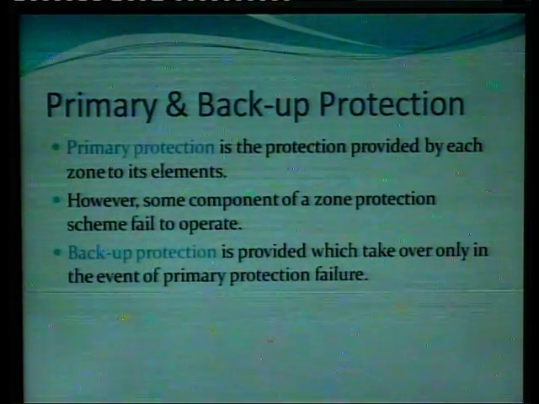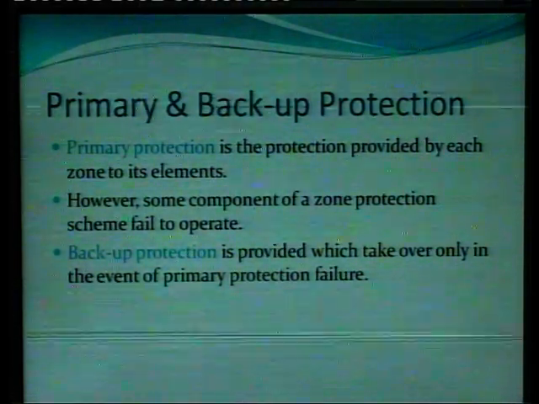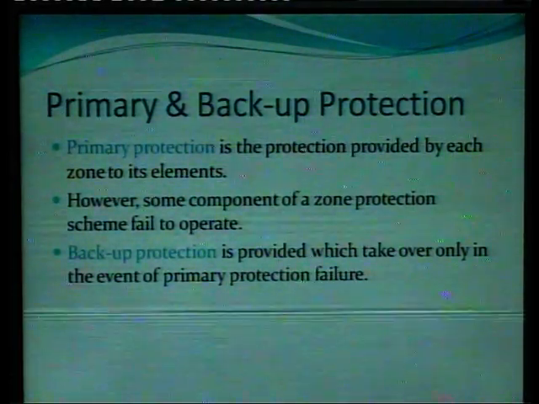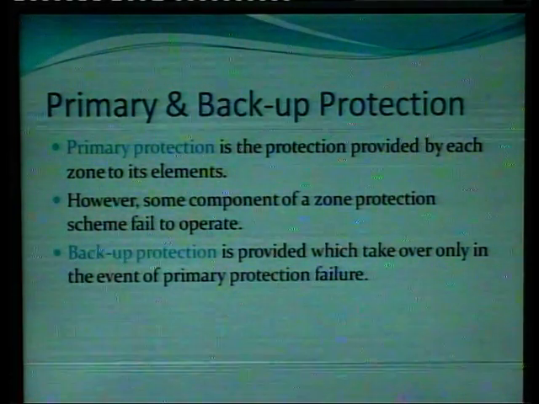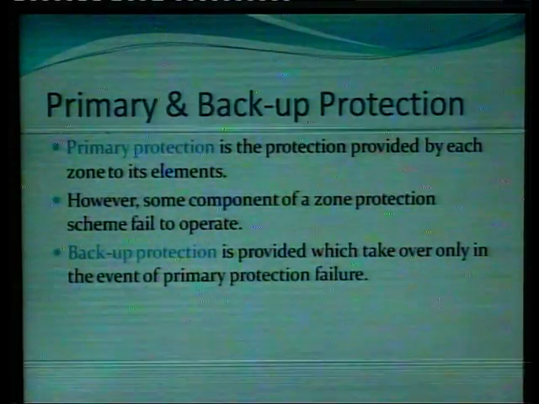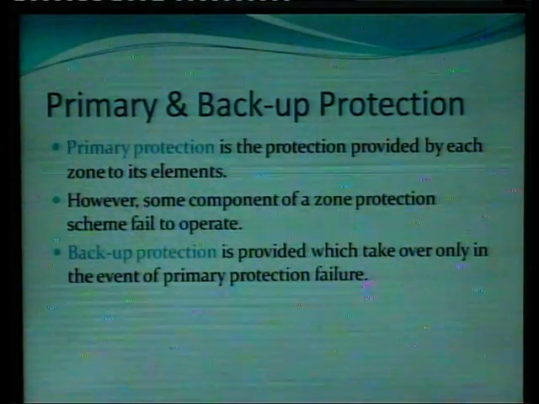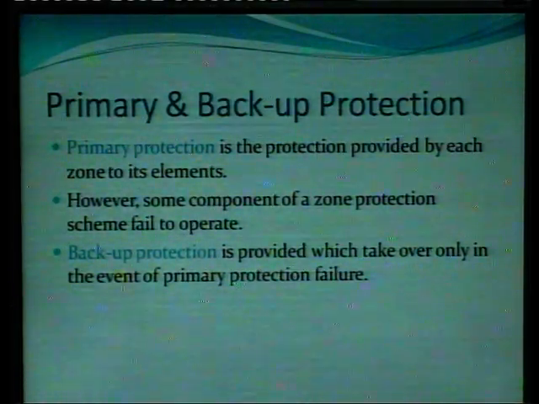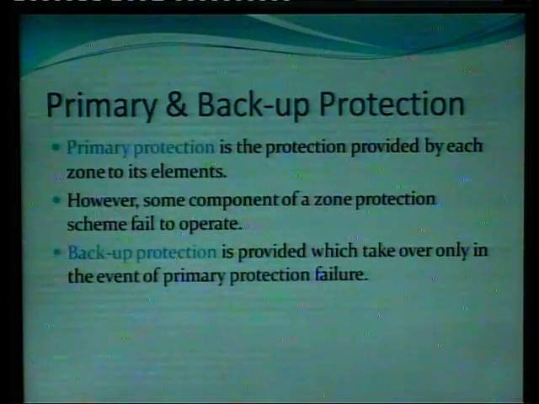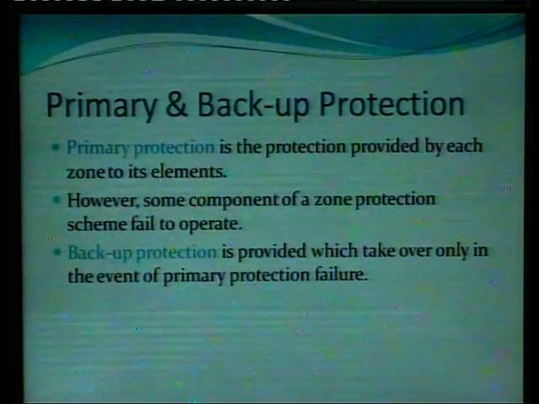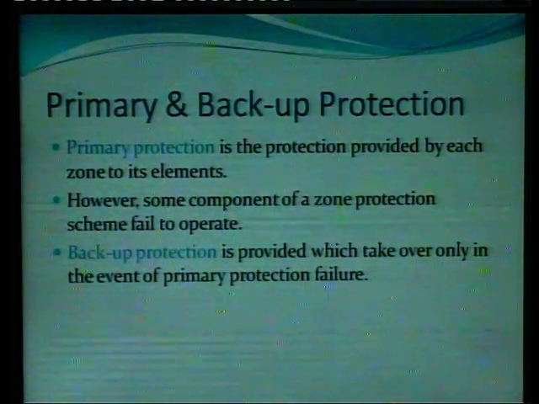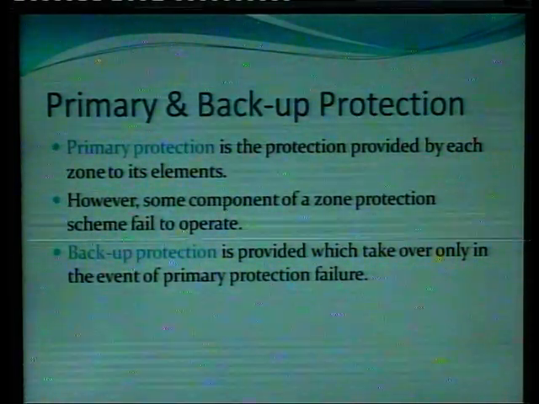The next is, what is primary and backup protection? The primary protection is the protection provided by each zone to its element. However, if some component of a zone protection scheme fails to operate, then we have a backup protection which is provided and takes over only in the event when the primary protection fails.